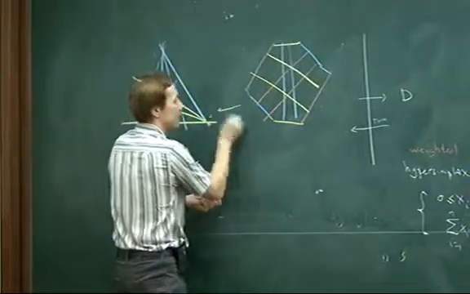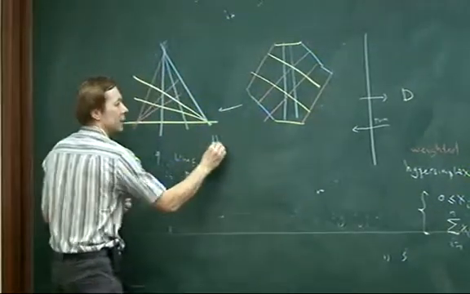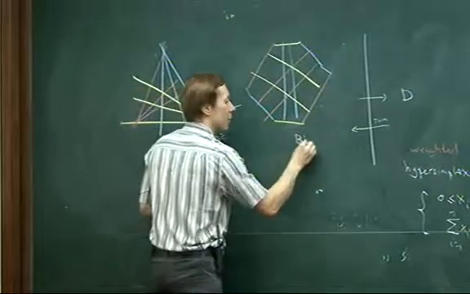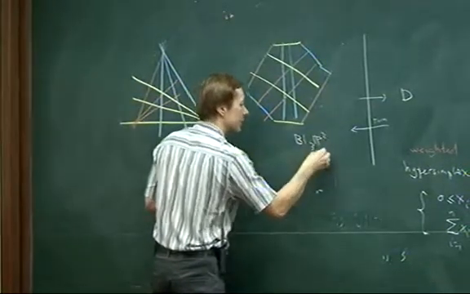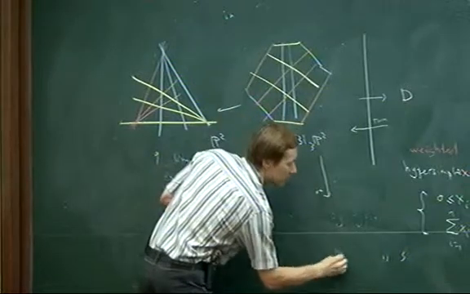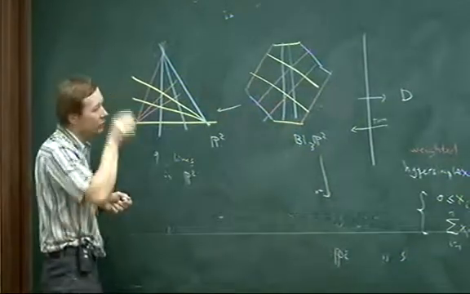So this is in the plane, and this is the blow up of the plane at 3 points, and it can be collapsed into another P2.